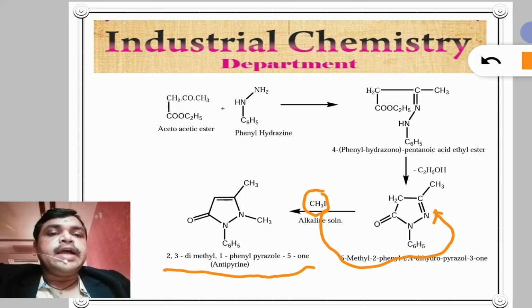The chemical or IUPAC name of antipyrine is 2,3-dimethyl 1-phenyl pyrazol-5-one.